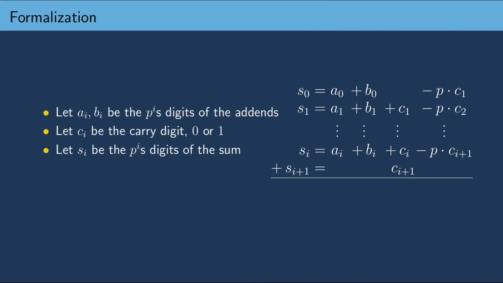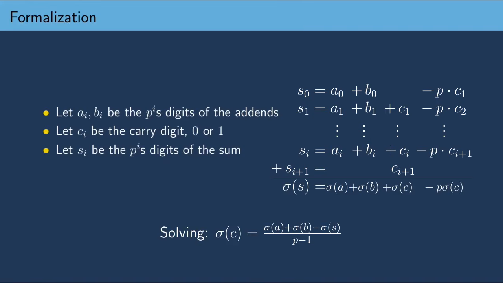And then if we add up this equation over all places i, we get that the sum of the digits of the result, the sum of the s sub i's, is the sum of the digits of the addends, the sum of the a sub i's and the sum of the b sub i's, minus p minus 1 times the total number of carries, the sum of the c sub i's.